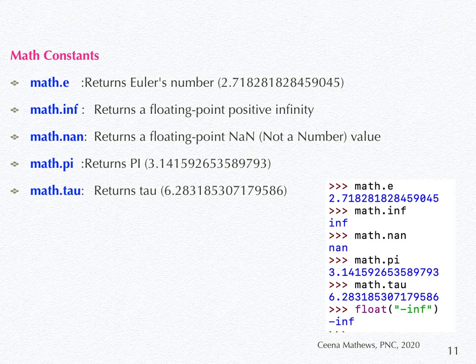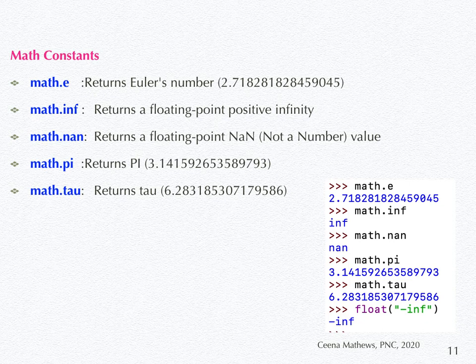Example is given here. You can use math.e, which returns this value. So you can use these constants directly in calculations without specifying the values themselves. Instead of specifying 2.718, if you are not sure of the value, you can use math.e.